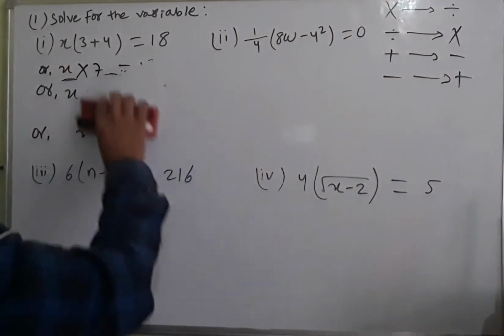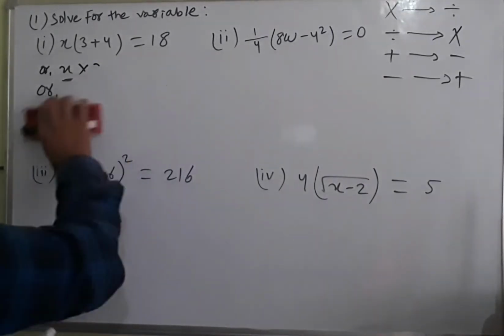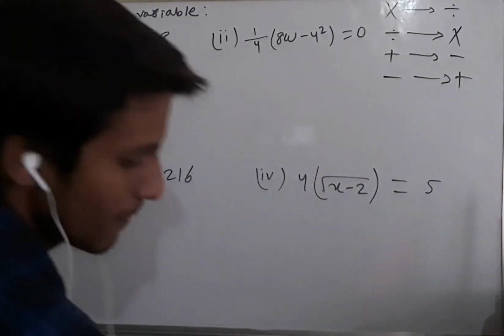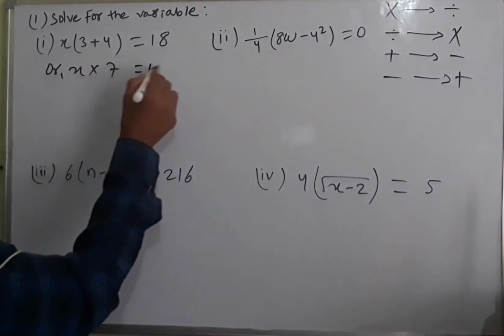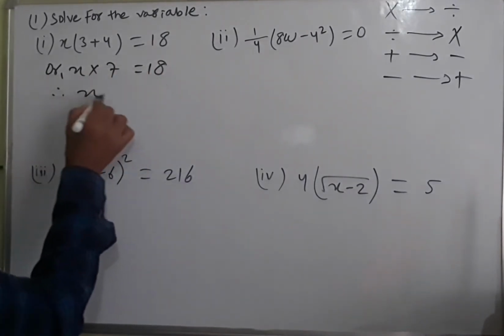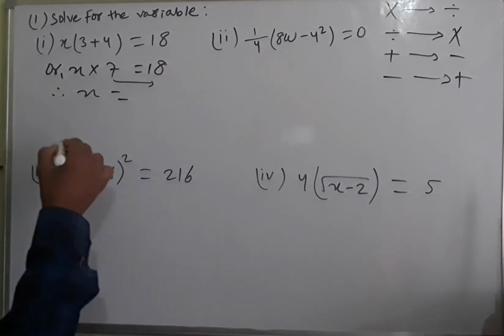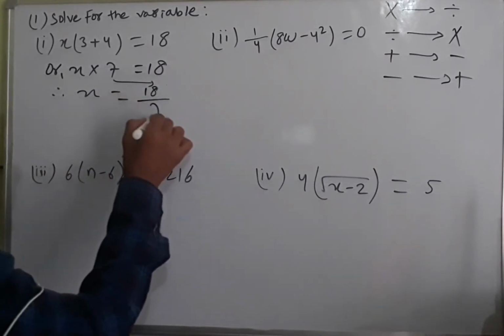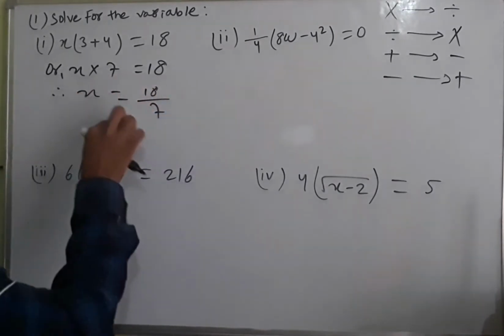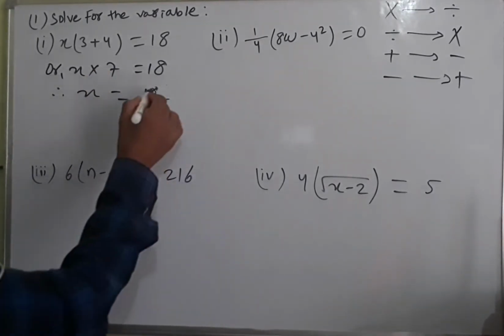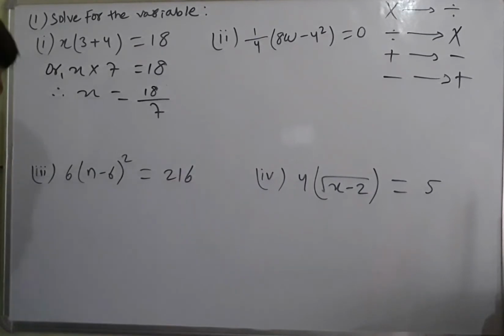Okay, so directly we can write this as x times 7 is equal to 18, and if you solve for x, as it gets onto that side, it will be 18 divided by 7, because it's multiplication, and if it gets shifted onto that side, it becomes a division. And it's not a surprising or awkward rule.